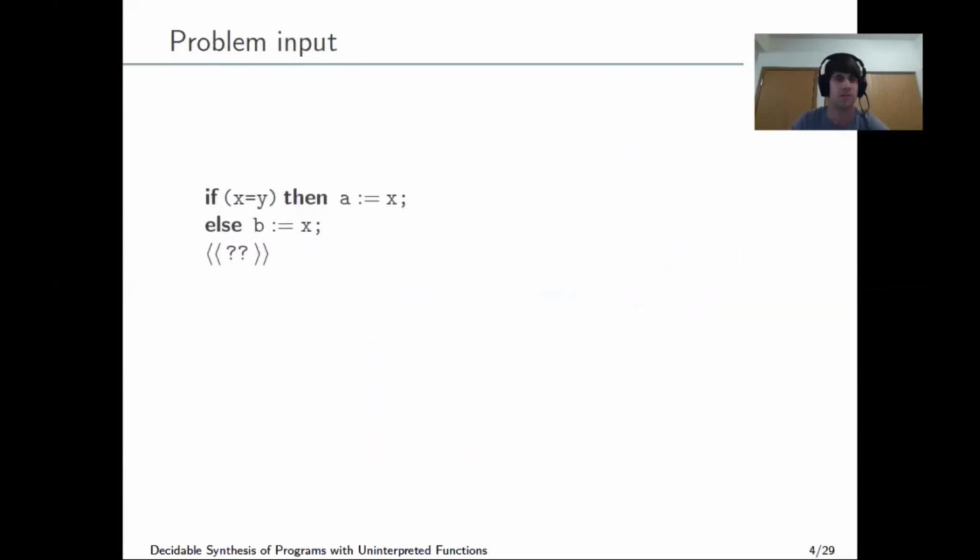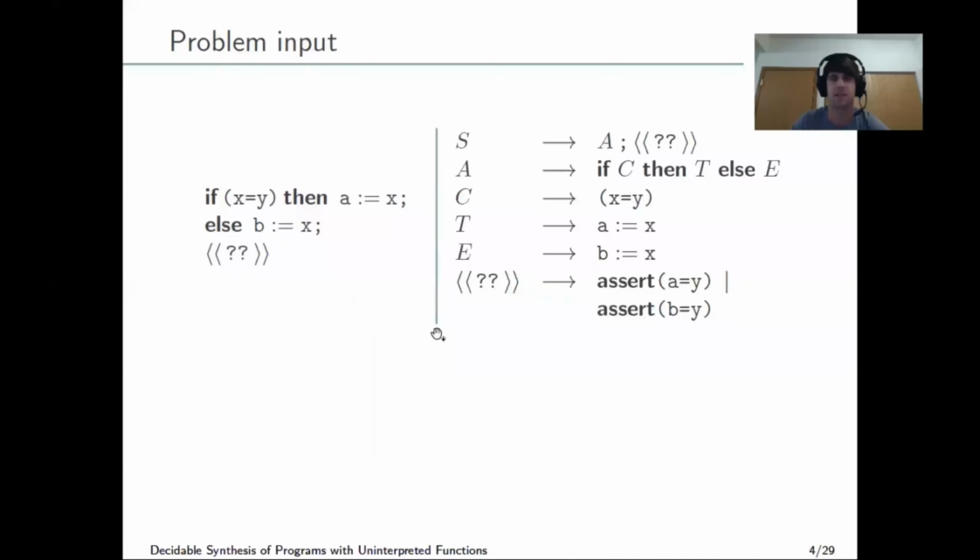The input to our problem is much like a sketch. It's a partial program with holes, but we're going to want to think instead of the input being a context-free grammar, like the one on the right here. Then the output is a program from the grammar such that all of the assertions are true.